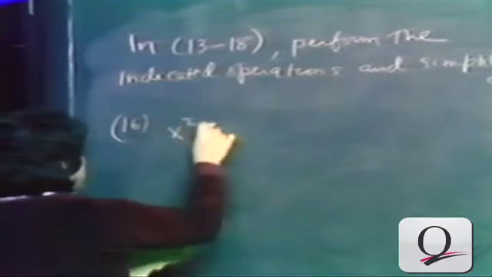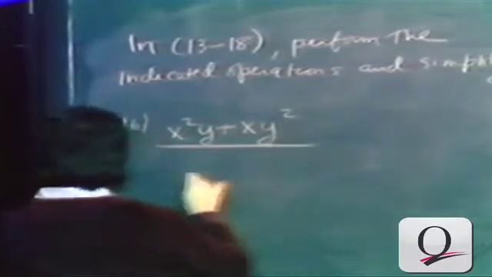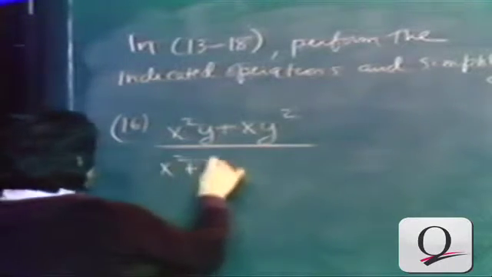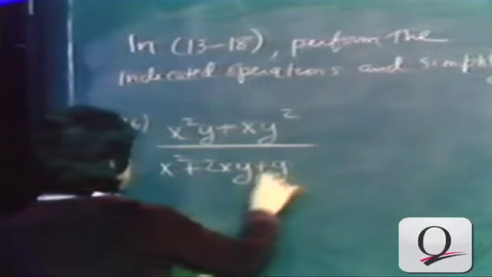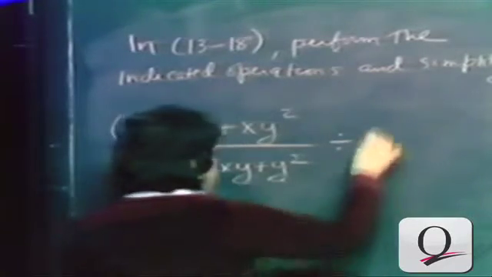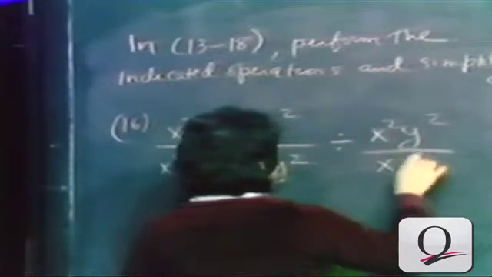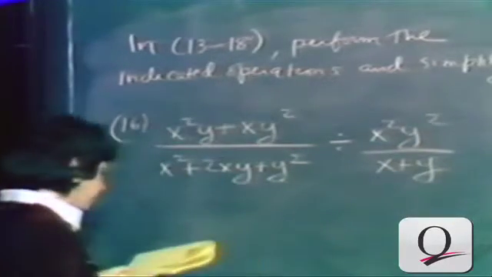In problem 16, we have the following: x squared y plus xy squared over x squared plus 2xy plus y squared divided by x squared y squared over x plus y.